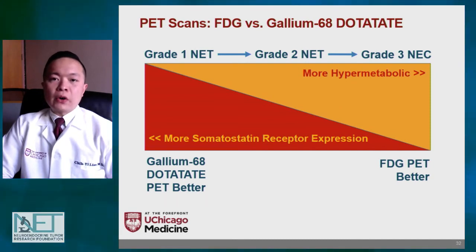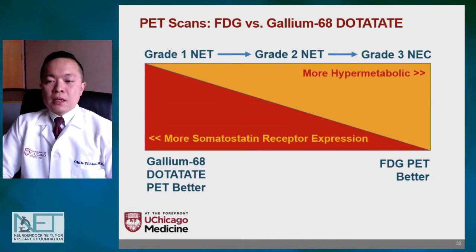And so tumors that are grade 1 tend to light up better on gallium DOTATATE PET scans, whereas tumors that are grade 3, especially the neuroendocrine carcinomas, tend to light up better on the FDG PET scans. And of course, in the middle category, there is a group of neuroendocrine tumor patients whose tumor will light up on both FDG and gallium PET scans.